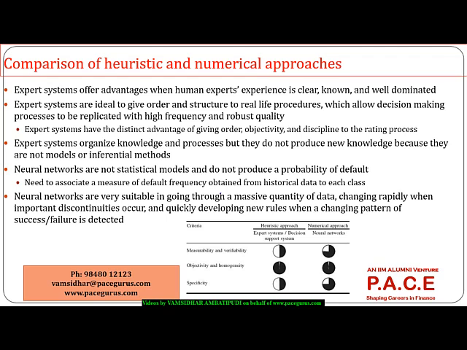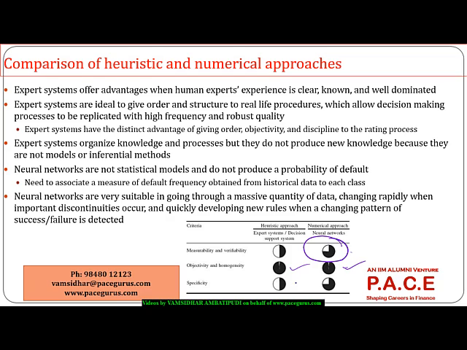So once we understood the heuristic and the numerical approaches, again I can have a quick comparison. When I look at the measurability and the verifiability, it's much higher in neural networks compared to the expert systems. Similarly, objectivity and homogeneity wise, both of them are very objective.